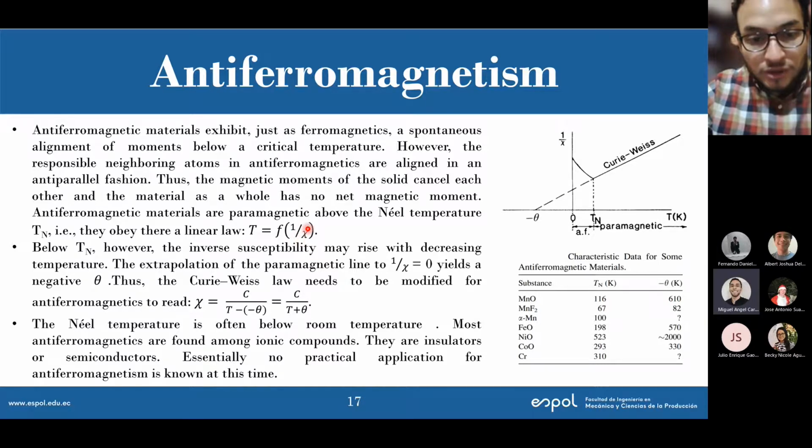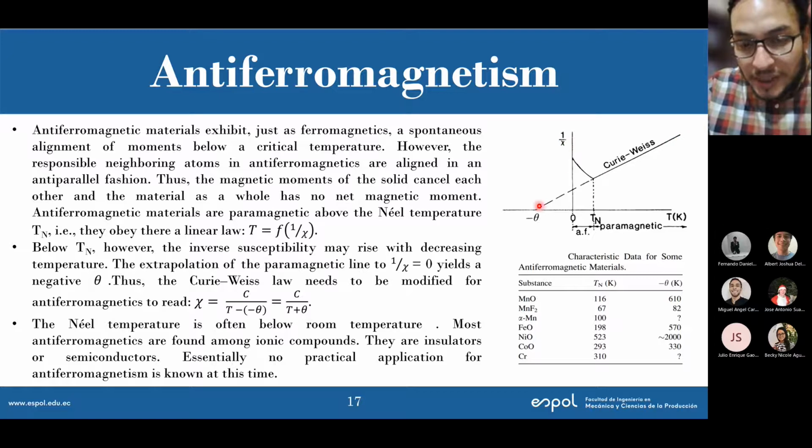It's the susceptibility, okay? So these materials, once they're above the Néel temperature, they become paramagnetic and therefore obey a linear relationship between the temperature and the inverse of the susceptibility. And you can see that here.